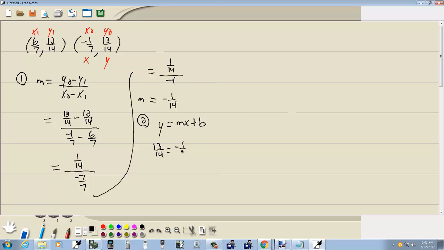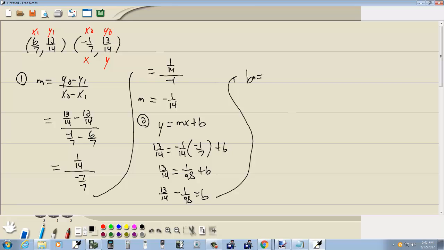Negative 1/14 times X, which is negative 1/7, plus B. So that gives us 13/14 equals negative times negative is positive, 14 times 7 is 98, plus B. Take the 1 over 98 over.